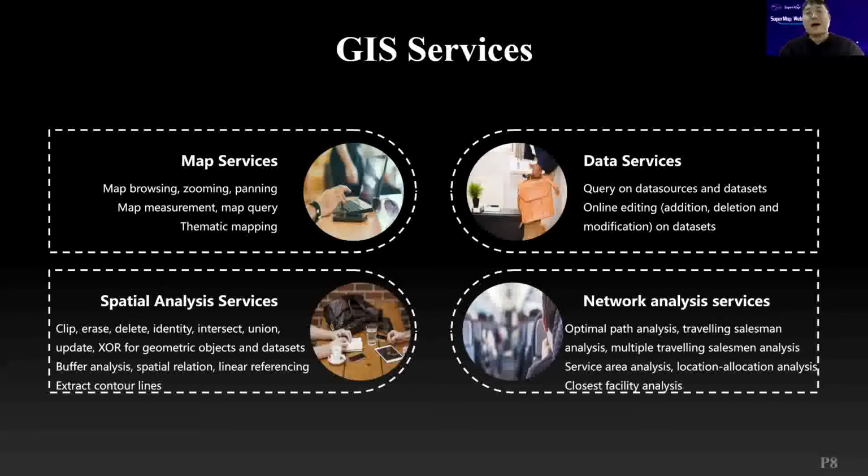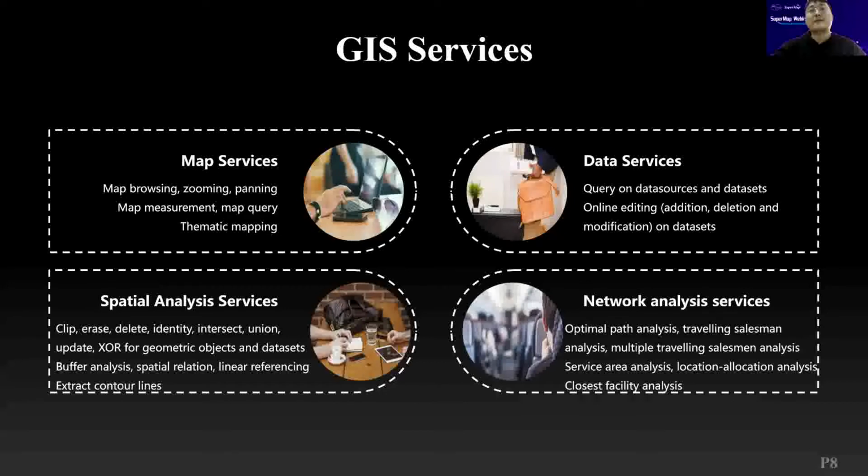Here, maybe we need to notice that in some other GIS platform software, they divide the map service into map service and image service. But in SuperMap, we combine these two into one.